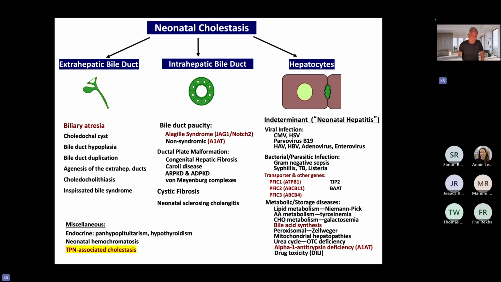Down on the list, on the lower left, we have the miscellaneous cause, and you will be getting a separate lecture just on TPN-associated cholestasis. Again, because of its relatively common nature in tertiary care units.